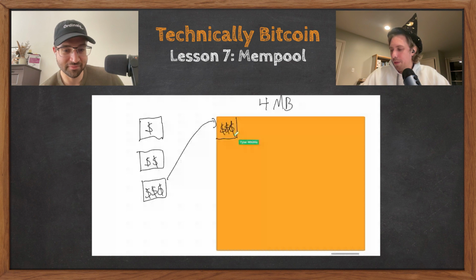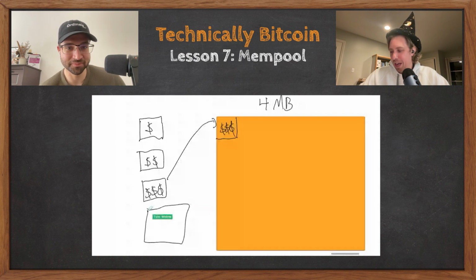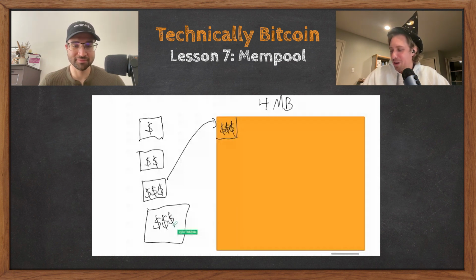Now it gets a little more complicated when someone shows up with an oversized bag, and this person also wants to pay, let's say, $3. Well, now you as the miner think, let's say this block has a total size of 10, and these others each have a rough size of 5.